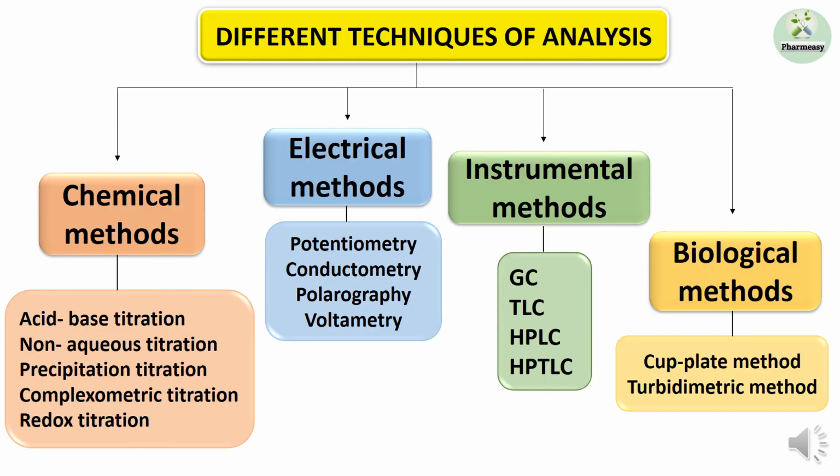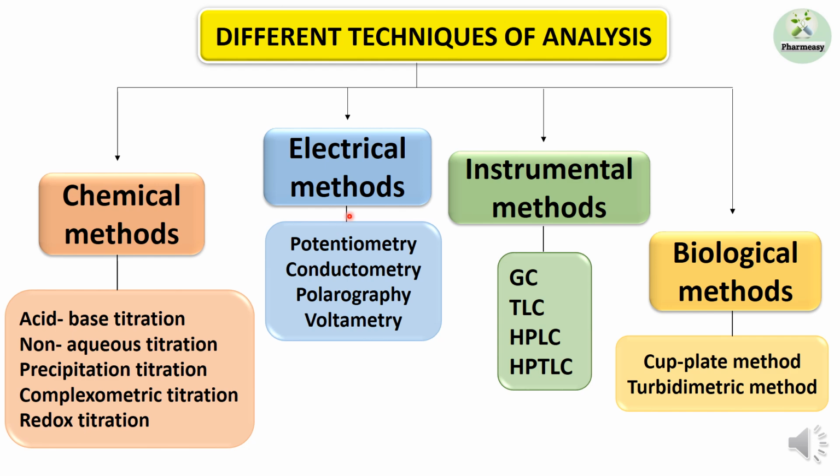Next, an important topic is different techniques of analysis. Mainly, there are 4 types of techniques of analysis. These are chemical method, electrical method, instrumental method, and biological method. Chemical method involves various titrations such as acid-base titration, non-aqueous titration, precipitation titration, complexometric titration, and redox titration, and these titrations are well explained in the next unit.